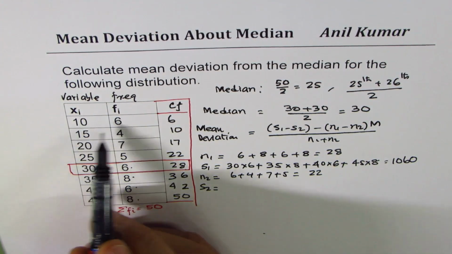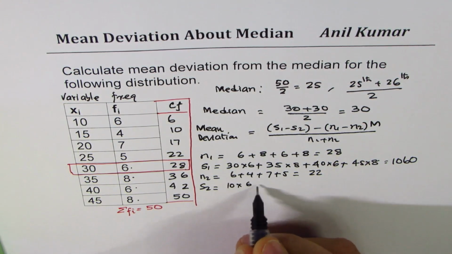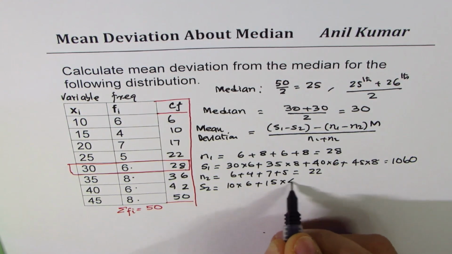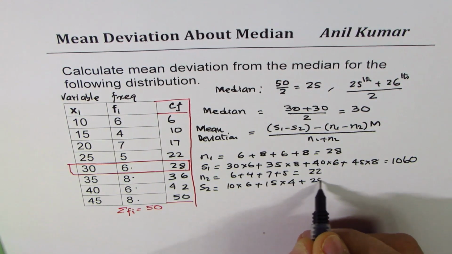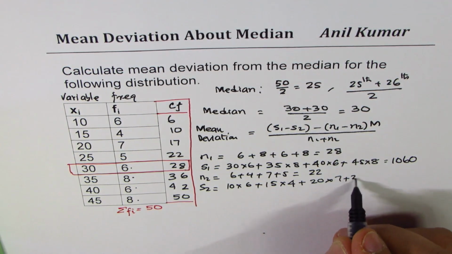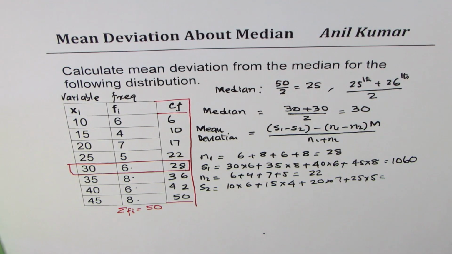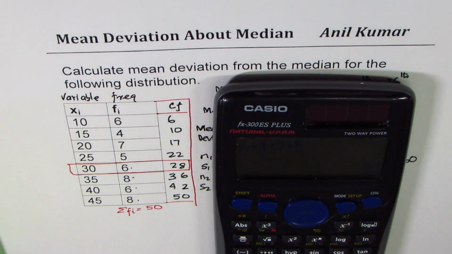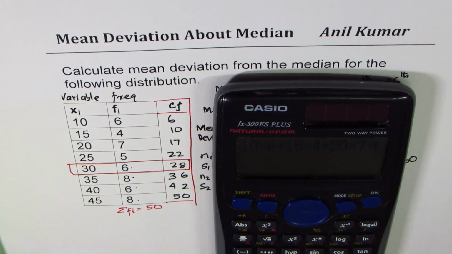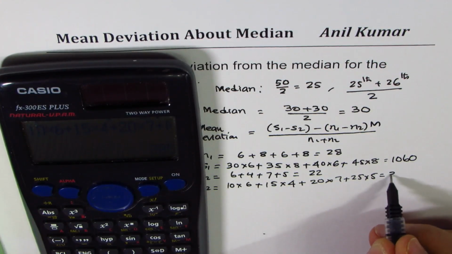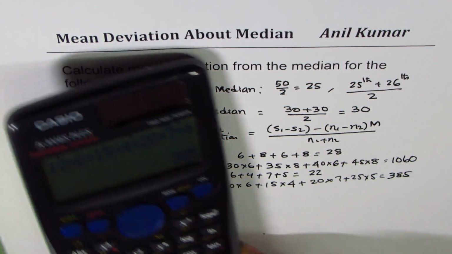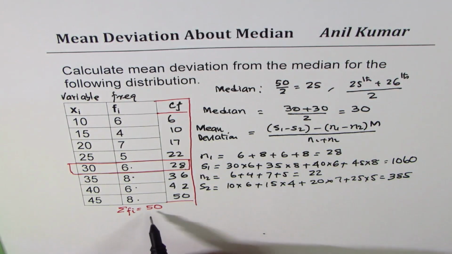S2 will be 10 times 6 plus 15 times 4 plus 20 times 7 plus 25 times 5. 10 times 6 plus 15 times 4 plus 20 times 7 plus 25 times 5 equals 385. Correct? N1 plus N2 is 50.